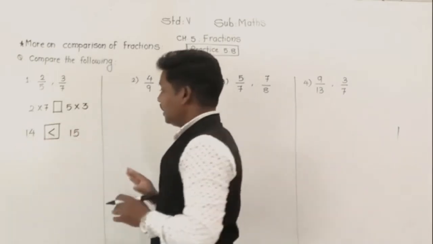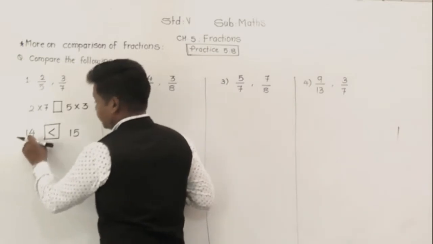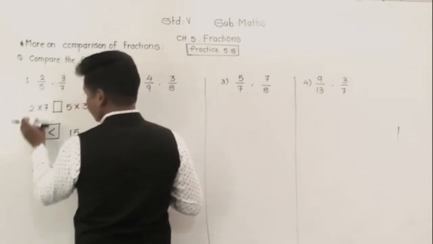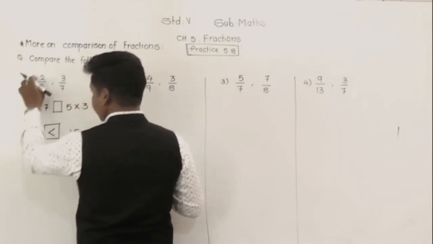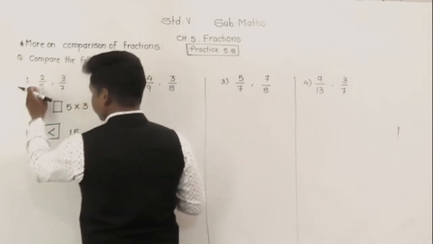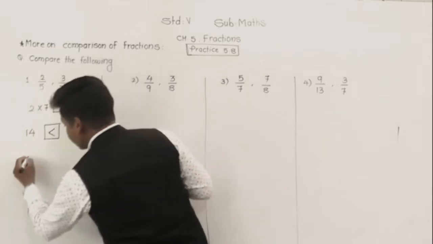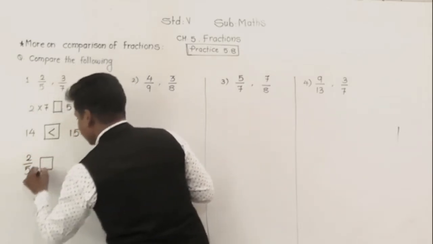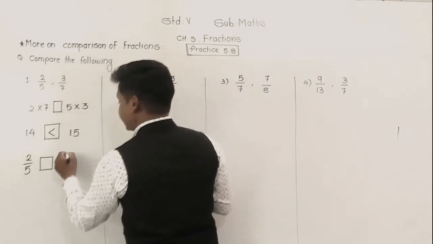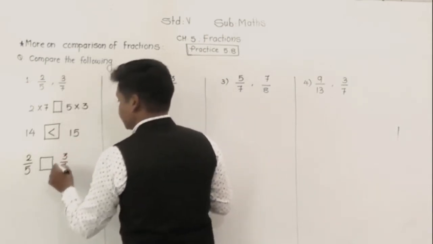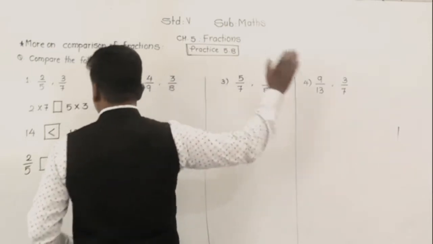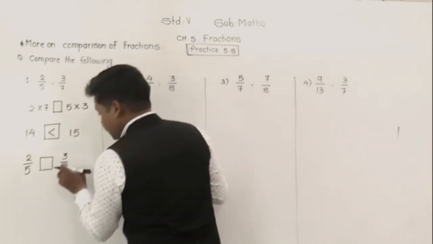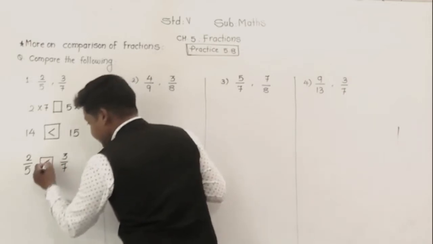Now this 14 is on the left hand side. The fraction which is on the left hand side, 2 upon 5, take it here, and the fraction on the right side, take it here. Since the product on the right hand side is greater, the fraction on the right hand side is greater.